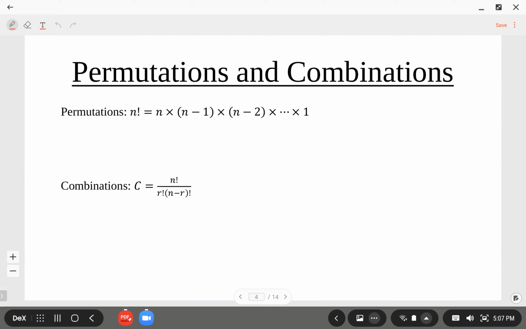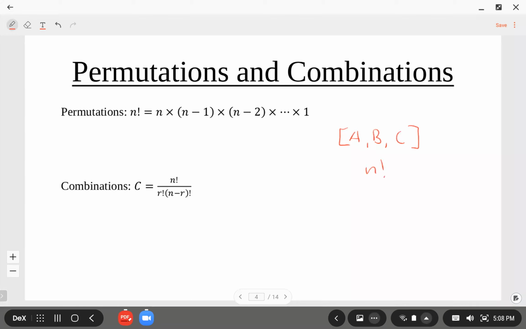And now we have our permutations and combinations. So what are permutations? Arrangements of a linear sequence. Let's say we have A, B, and C. We arrange them. We can do B, A, C, or C, A, B. Those are arrangements. And how do we solve? We use n factorial. Is that clear?